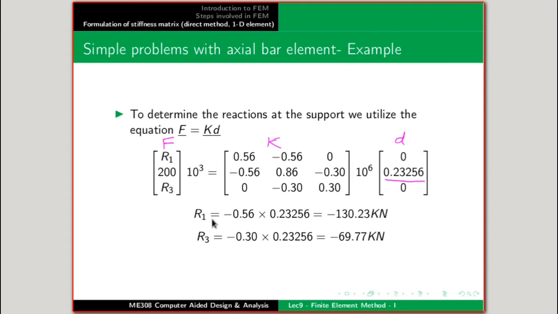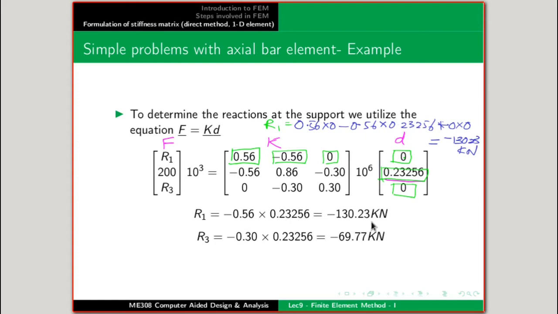R1 equal to 0.56 times 0 minus 0.56 times 0.23256 plus 0 times 0. So R1 is equal to minus 130.23 kilonewton, that is minus 0.56 times 0.23256.